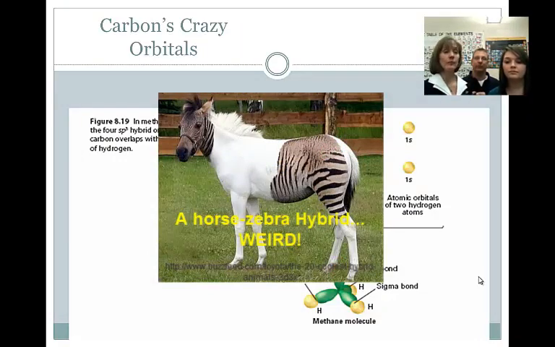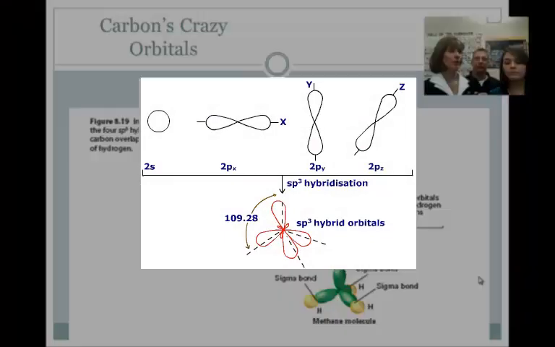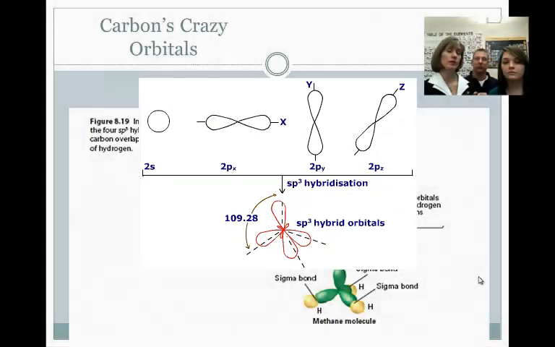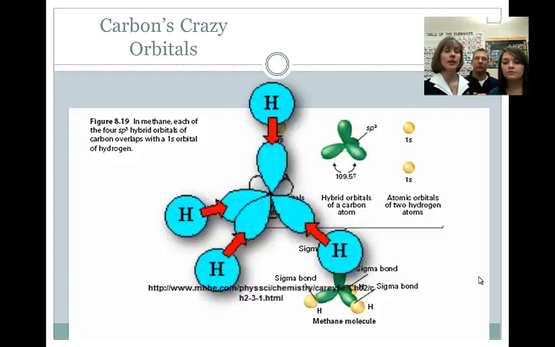Well, our s orbital merging with the p orbital allows for then four places where carbon can bond. And since it's one s with three p's, we call that sp3 hybridization.